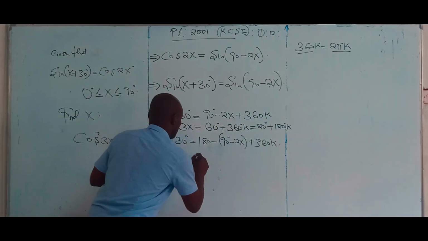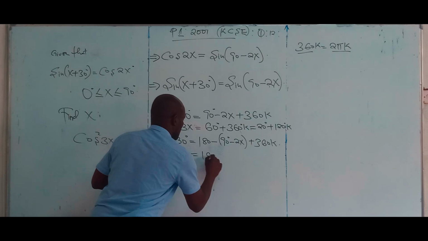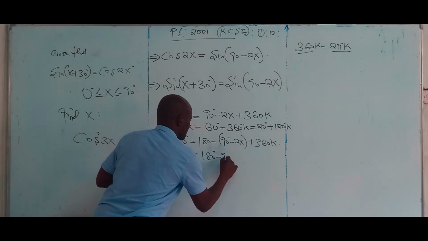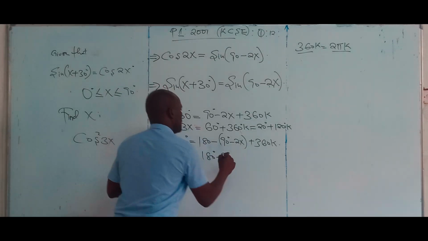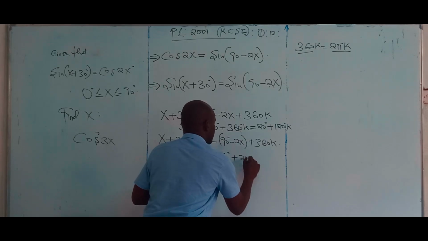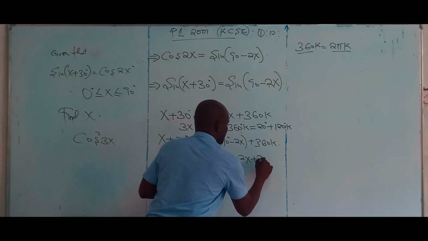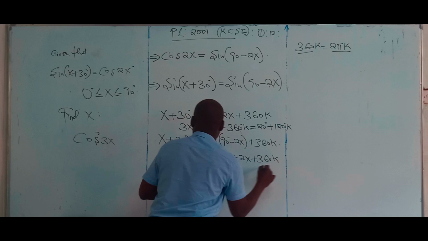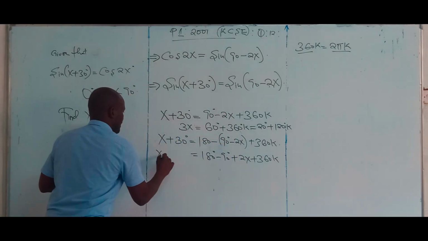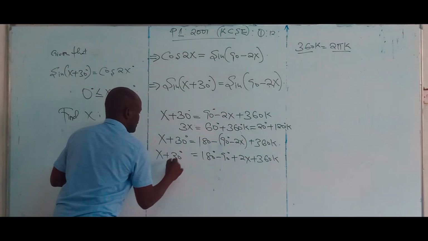For the second part, if I open up the bracket, I have 180 degrees minus 90 degrees plus 2x plus 360K is equal to x plus 30 degrees.